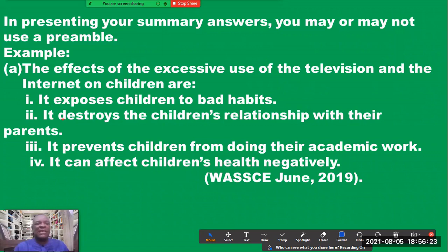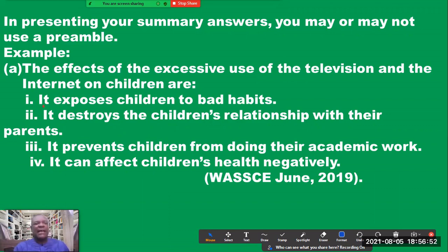You can also say the excessive use of the television and the internet prevents children from doing their academic work. The excessive use of the television and the internet can affect children's health negatively. All right, so the important thing is for you to summarize by using complete sentences.